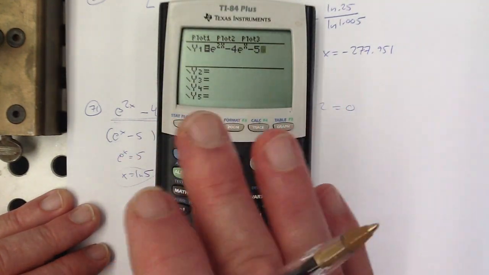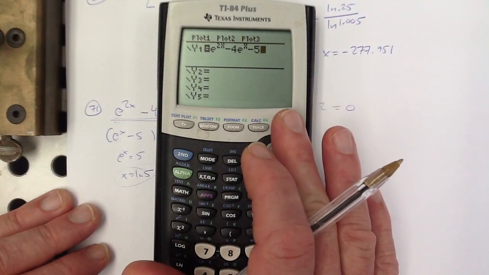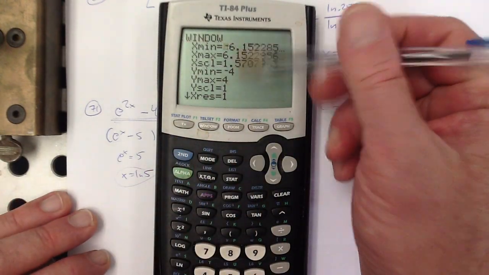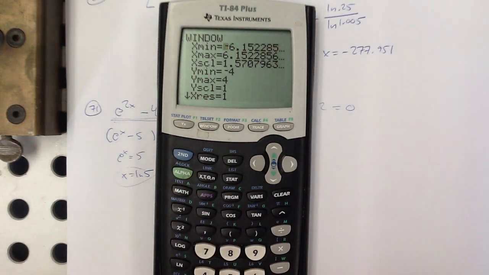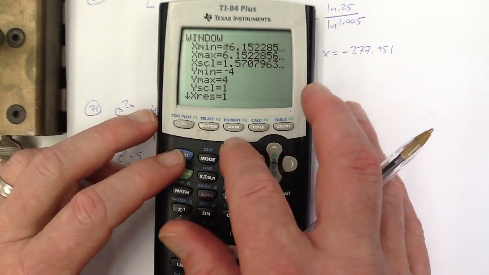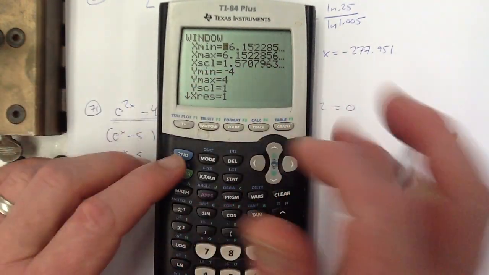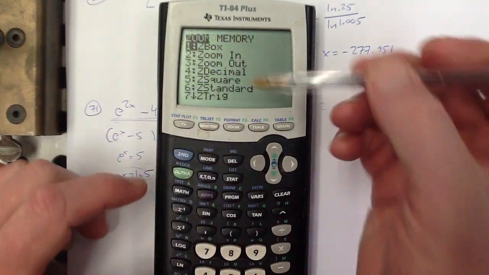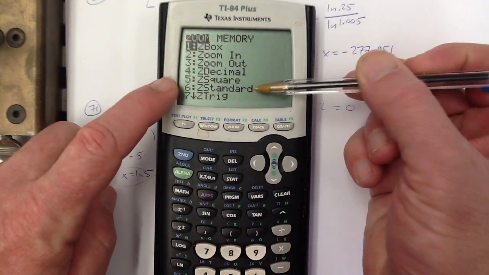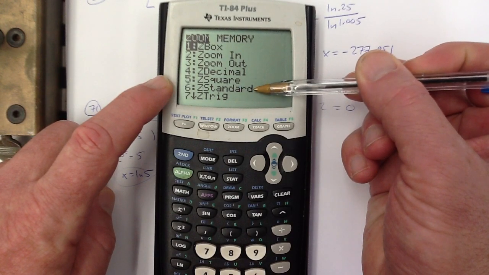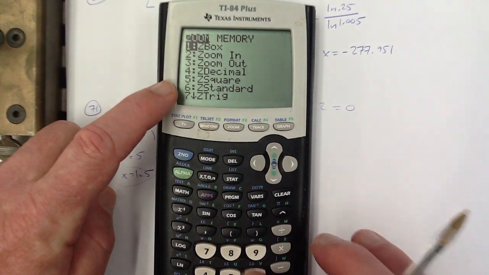I don't just want to hit graph, because who knows what crazy window I was looking at. What I want to look at is the standard window, the negative 10 to 10 window. If you want to get back to that one, you could enter it manually, but Z standard, number 6, that's your negative 10 by 10 window. I'm going to do that.